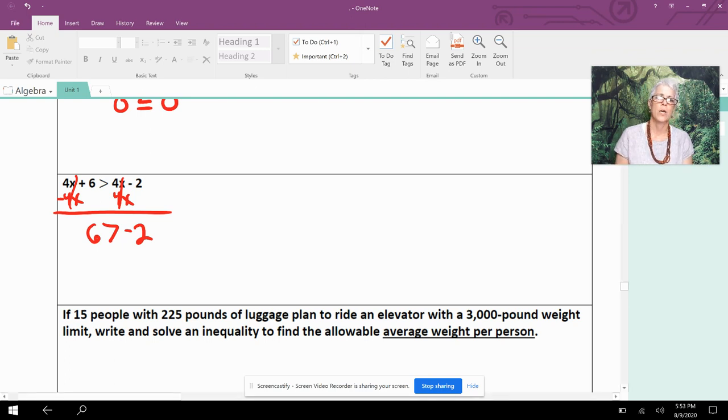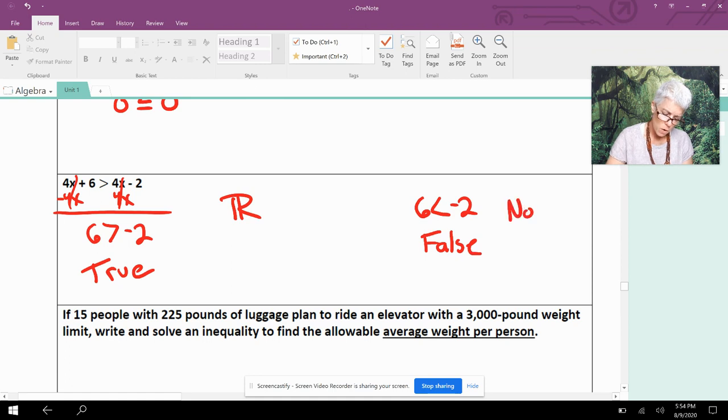So is 6 greater than negative 2? Yes, it is. So the answer to this is all real numbers, because this is true. If it was the other way around and I had 6 is less than negative 2, this is a false statement. So that would be no solution. So keep that in mind. It can go either way. You just have to look at the numbers.